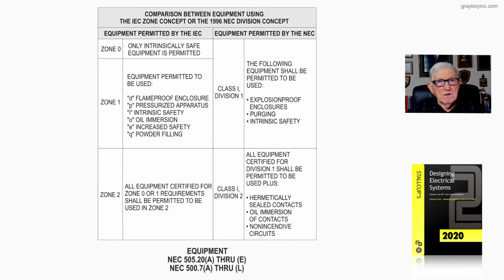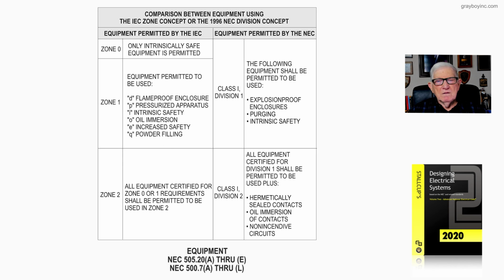Do you use the divisions or do you use the zones? And the equipment, you can read about it in 505.20A through E, NEC 500.7A through L is what we're listing, and then you go through the rest of the equipment that's listed there in 500.7.